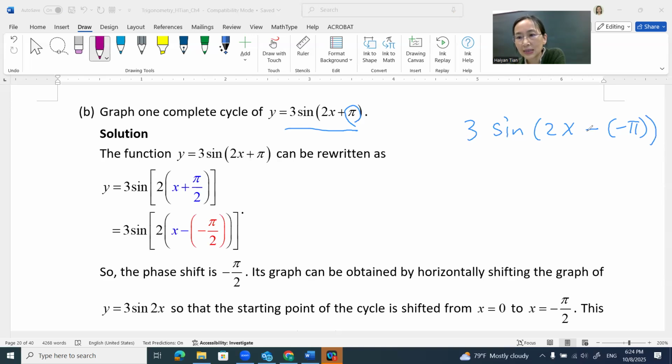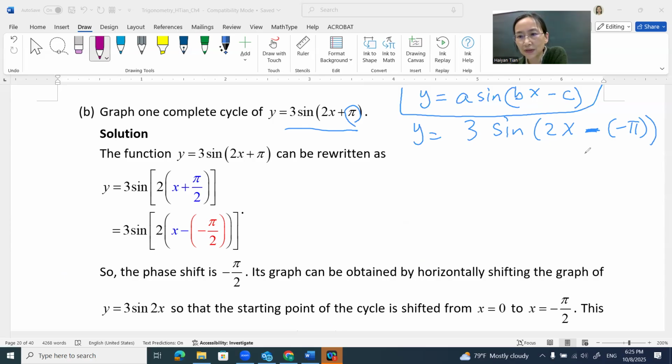So now it's the minus sign, because we're looking at a general form. We consider the group of functions that is in this form: a sine b x minus c. In case you have a plus certain value c, you can always write it in the minus form. So this is the form that is under consideration.